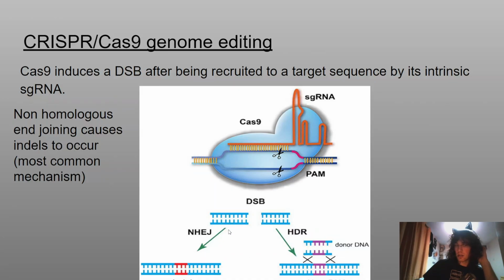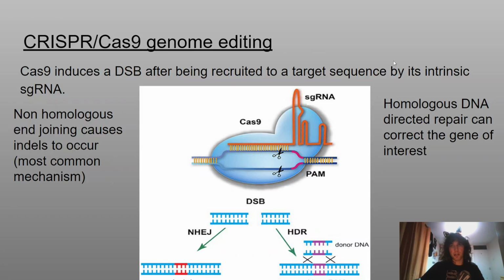And then the most common mechanism of repairing double-stranded breaks in an organism is non-homologous end joining. This causes indels to occur because it is not accurate at all. The cell has no idea what sequence was in here before the double-strand break, so an insertion or deletion, an indel, may occur.